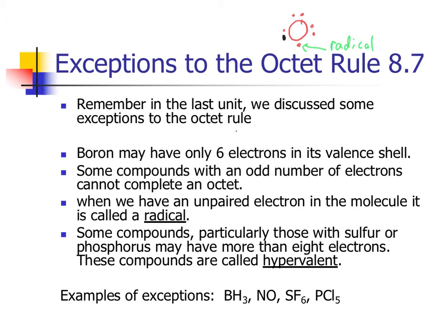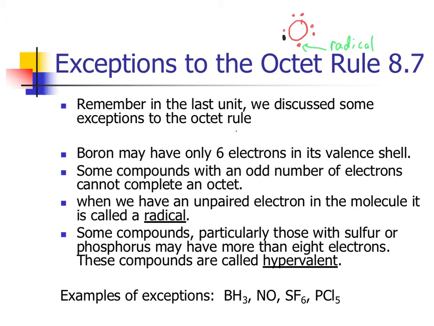Just like in social gatherings, anything that is a radical usually is an extreme and/or not a stable thing. Even though these electrons and these atoms do not have humanistic qualities, I think it helps to put it that way. These are not stable.